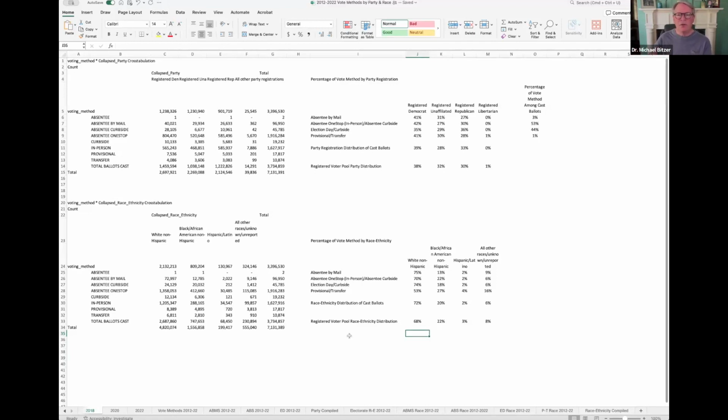If you think of the voter registration percentage as their political weight, if they met that political weight, they would be equal to what they were in the pool. Black voters tend to have a slightly smaller percentage, so their political weight is decreased. White voters tend to have a higher percentage than their voter pool registration, so they're punching up from their political weight.